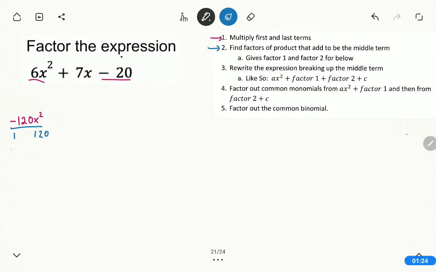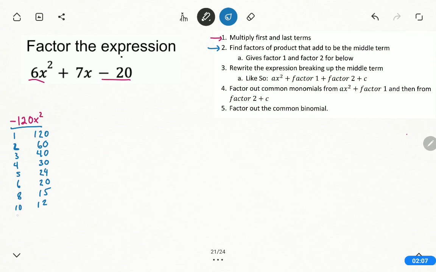1 and 120, 2 and 60, 3 and 40, 4 and 30, 5 and 24, 6 and 20, obviously. 7, no, doesn't go into 120. 8 and 15. 9 doesn't go into 120. 10 does, 10 and 12.